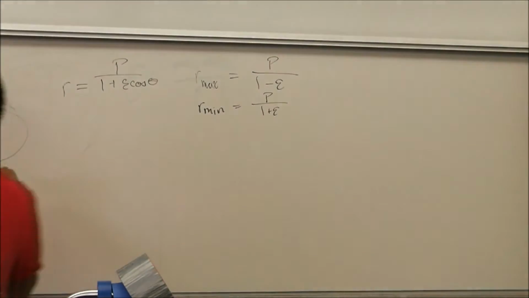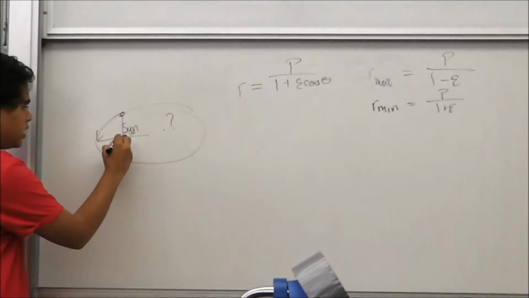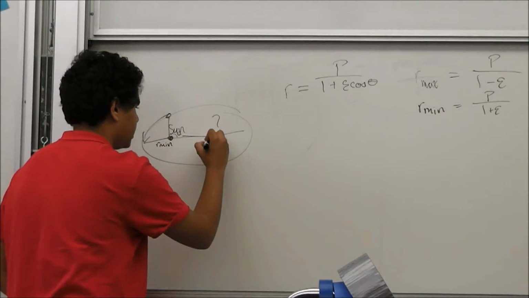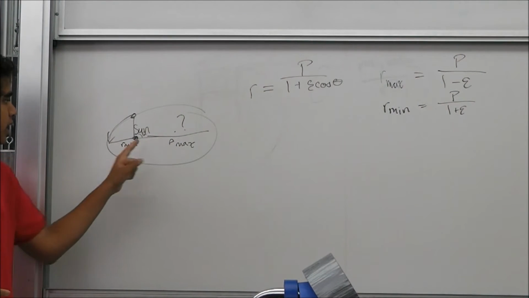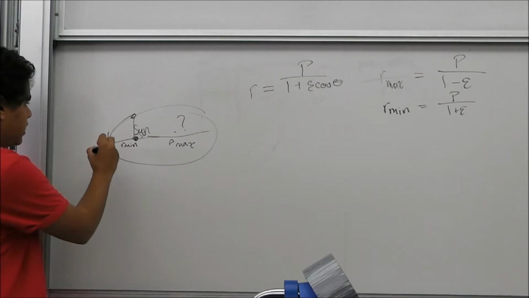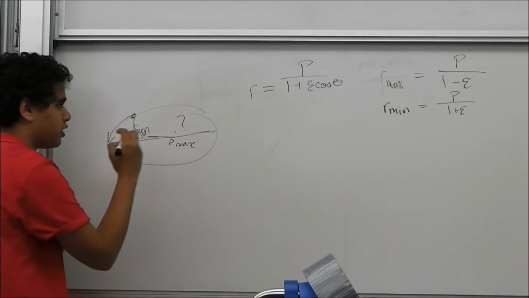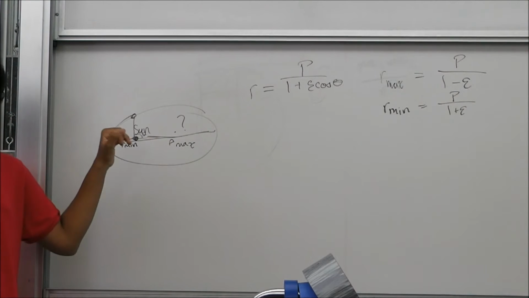Then we have the semi-major and semi-minor axes. By the way, this is R min, and this is R max, as you can see, because it's the closest here and the furthest here from the sun. Now, the distance along the long end of the ellipse, called the major axis, is the sum of R min and R max.